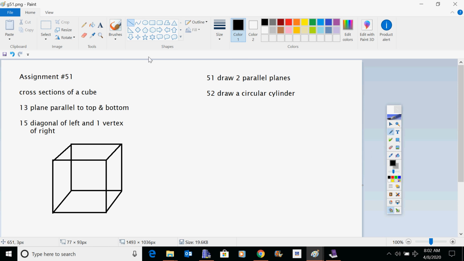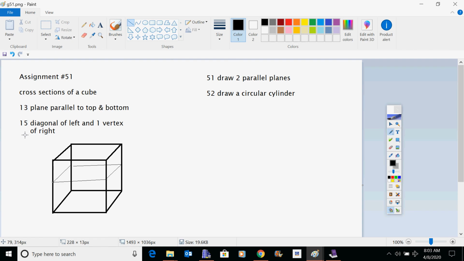But just so that you can see, because somebody asked about it, if you made a plane that was parallel in here, and we put in the parallel, you would end up having another square if you chunked it up in the middle like this. So you would have a square. That's not perfect or anything, but parallel to the top and bottom, if I had done it really carefully, you would have a square.